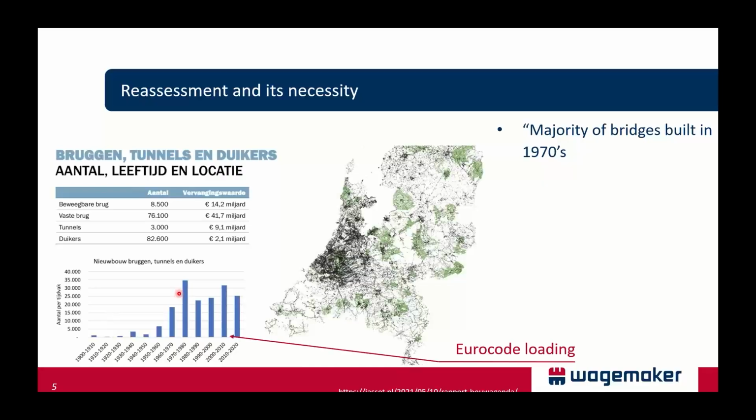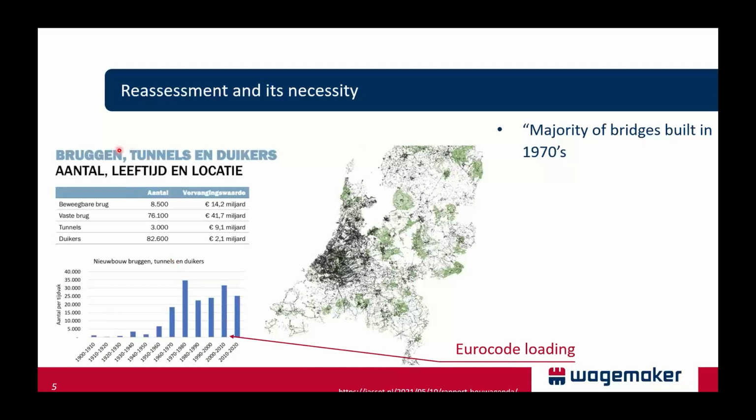But this also means that the current standard, which is the Eurocodes, came a lot later than these structures. So also the design rules and the insights regarding structural safety, they have changed since these structures were mostly built.